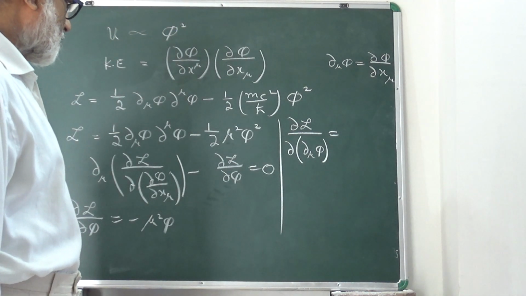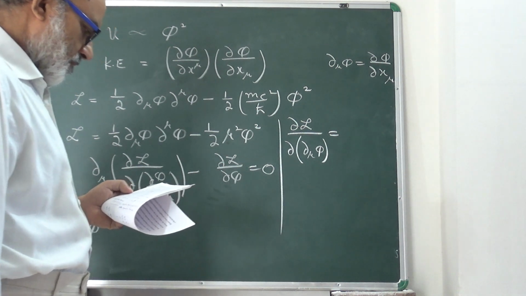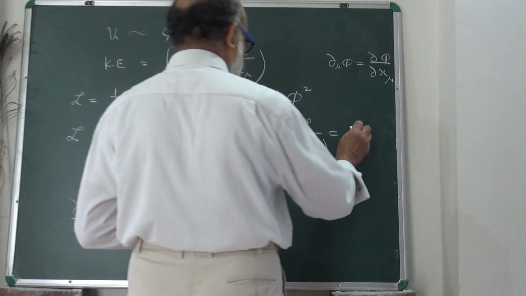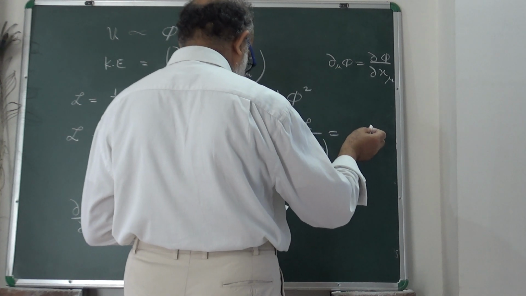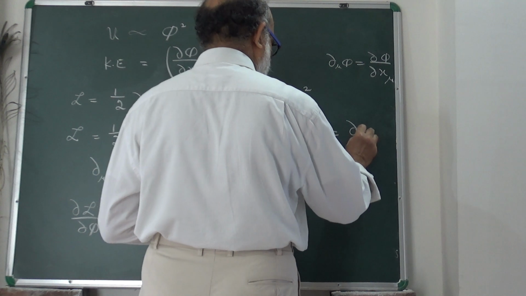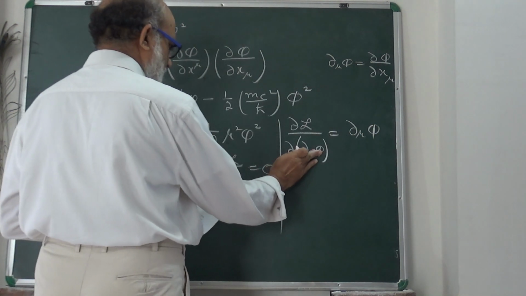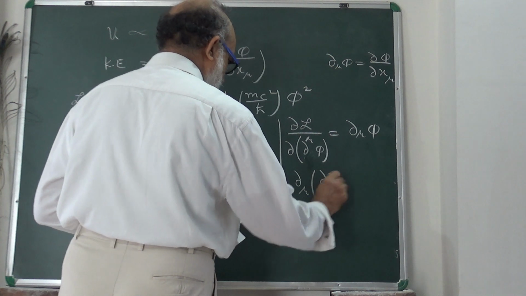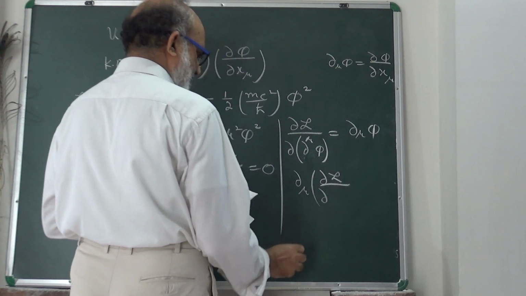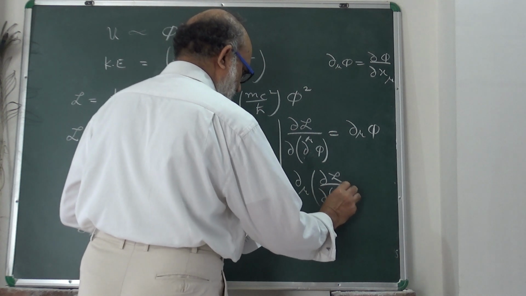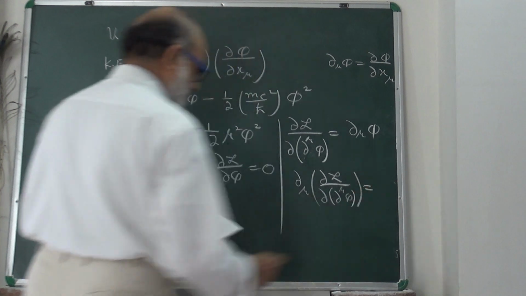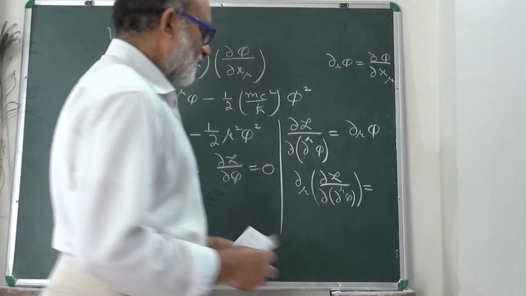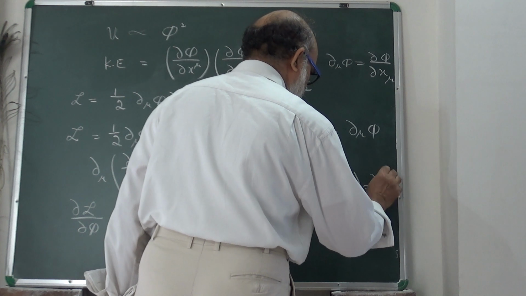This will give you del mu phi. Now this one is the derivative of this, so it means del mu square phi.